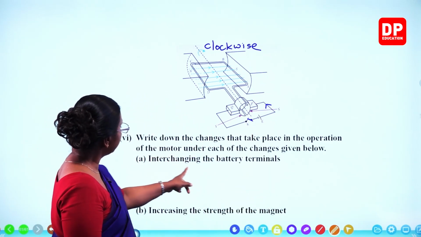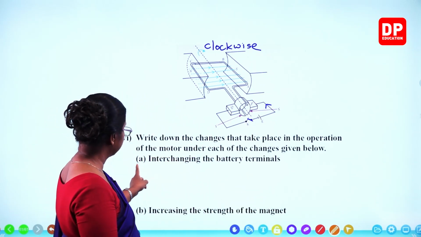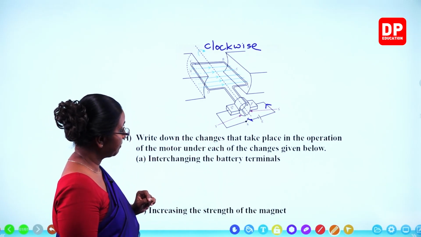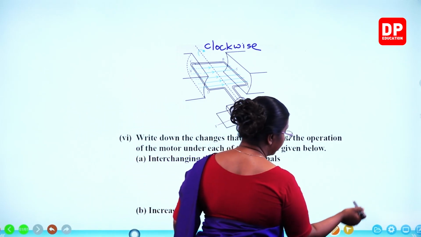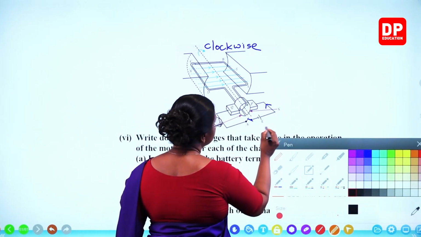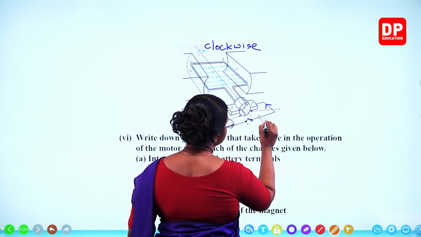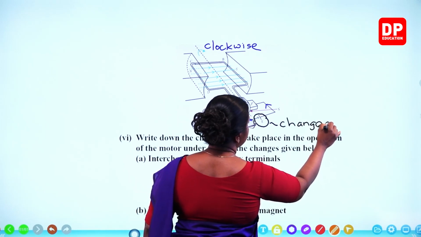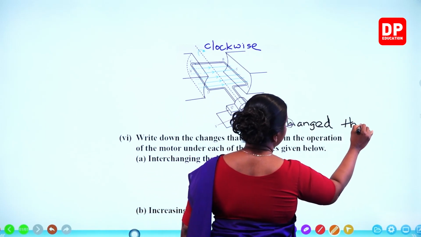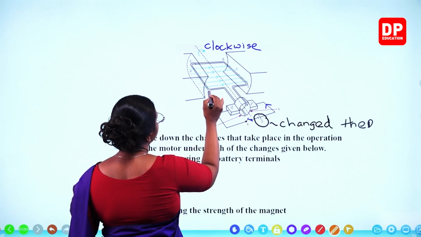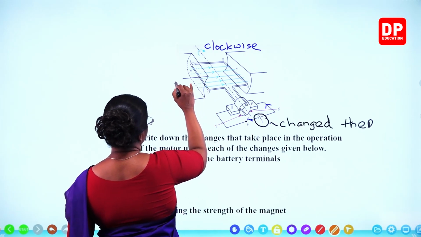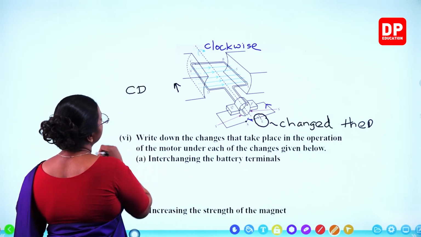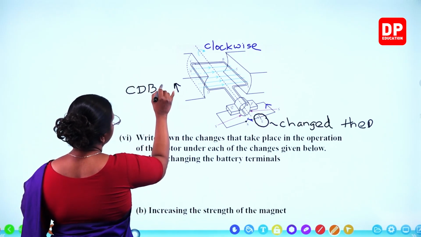But if you interchange the battery terminals, then what will happen? If the terminals are changed, current will flow this way. That is the C to D direction, C, D, B, A direction.